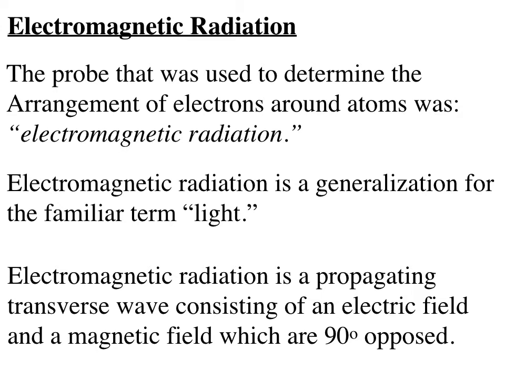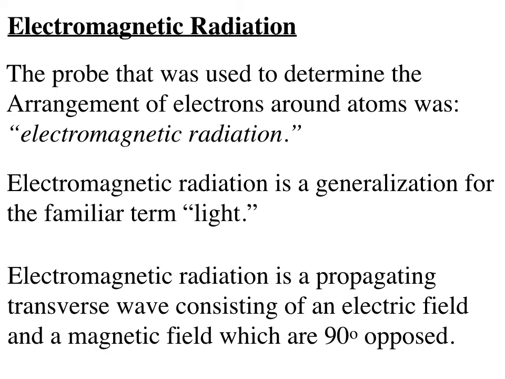So what we will do now is spend a little bit of time discussing electromagnetic radiation. What it turns out to be is a propagating transverse wave that consists of a disturbance in space itself, by changing space around us, by altering the electric field conditions of the space and the magnetic field conditions of the space.